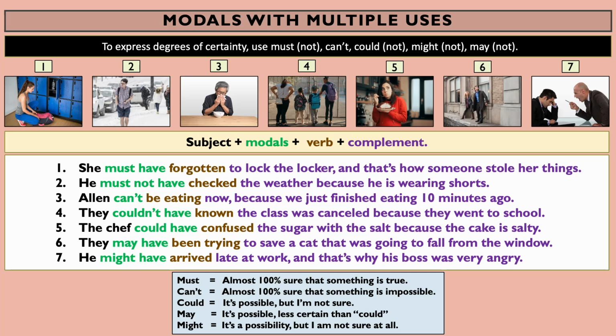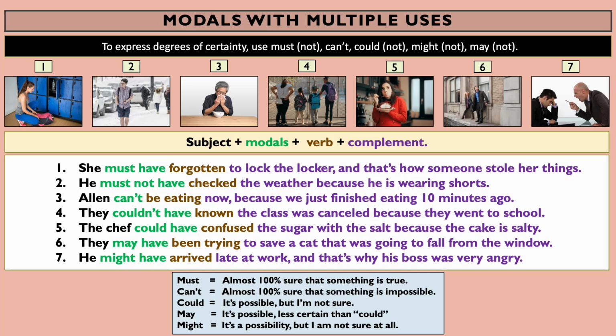But you think that it's not possible that they knew the class was canceled because they went to school. Normally, if you know that there is no class, you don't go to school, but they went. So you think that probably they didn't know that the class was canceled, and that's why they went. It's a possibility. That's why you use could, or in the negative, couldn't.